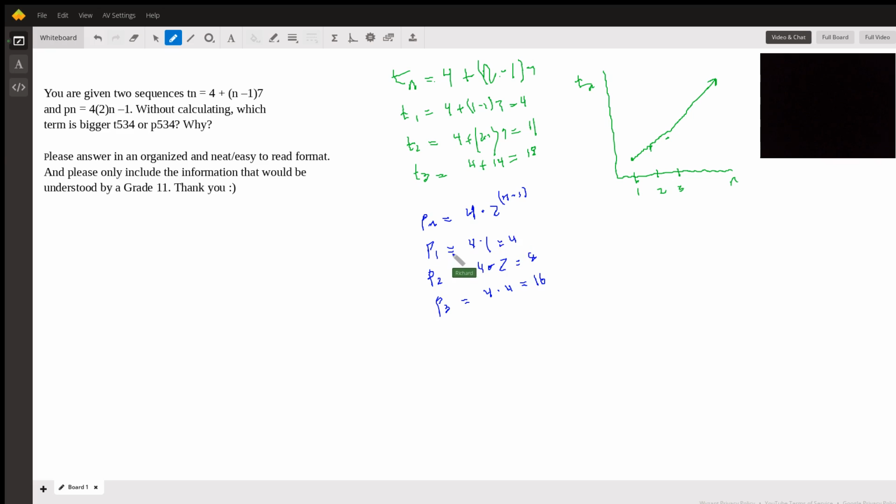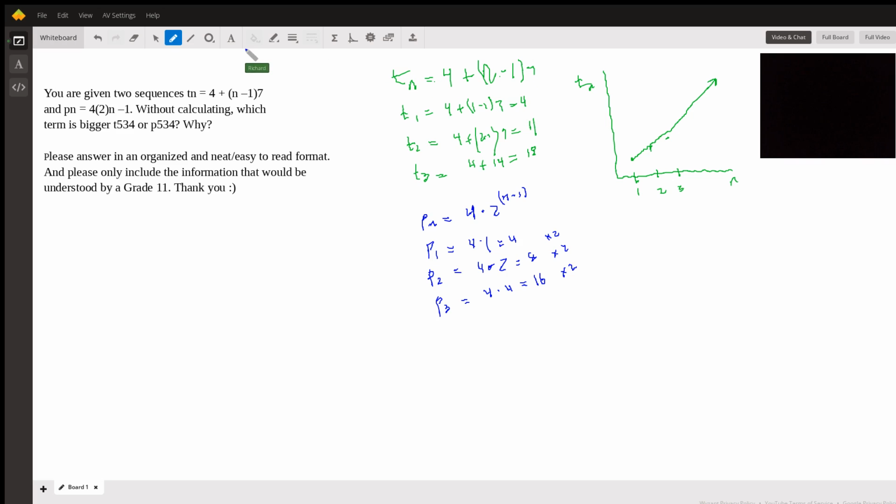Okay, another way to recognize the geometric sequence is that each increase is multiplied. So every time here you see it's times 2, times 2, times 2. That's called the common ratio, which is R in this equation. It's 2. Up here you see the values are changing by the same amount.